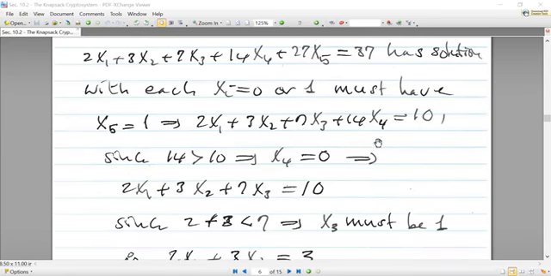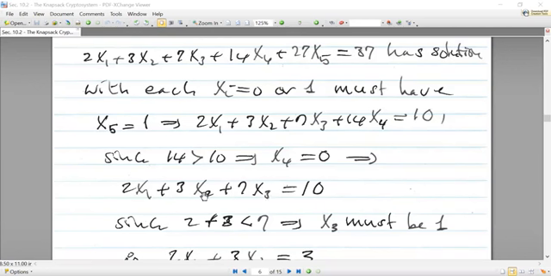Now we drop x4, and we look back at 2x1 + 3x2 + 7x3 = 10. Again, since the sum of 2 and 3 is less than 7, and we wanted to get 10, we must have x3 equal to 1.